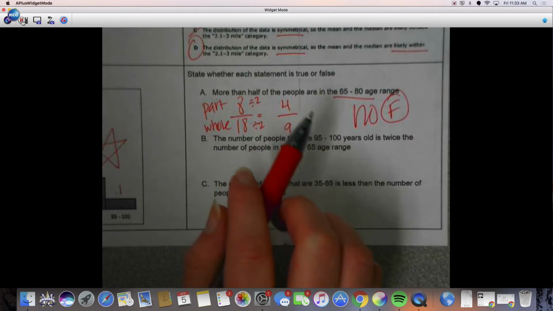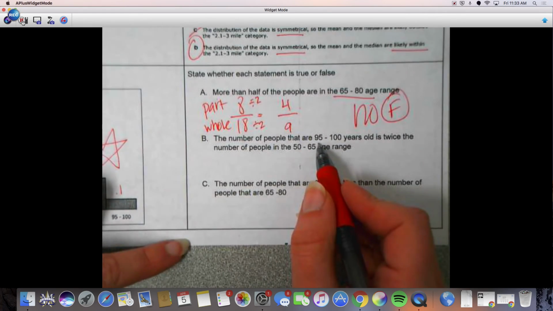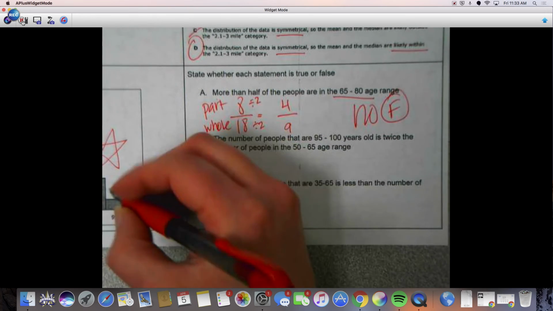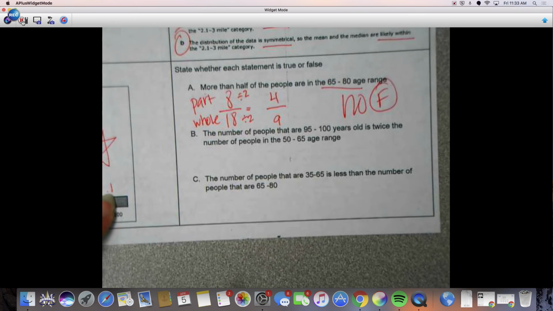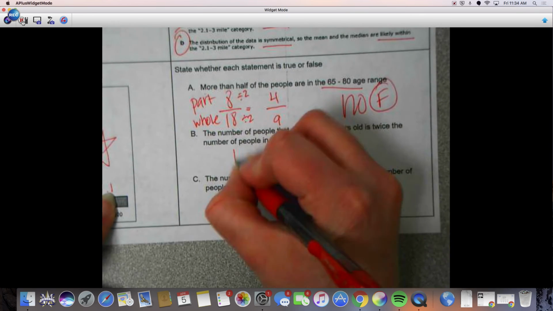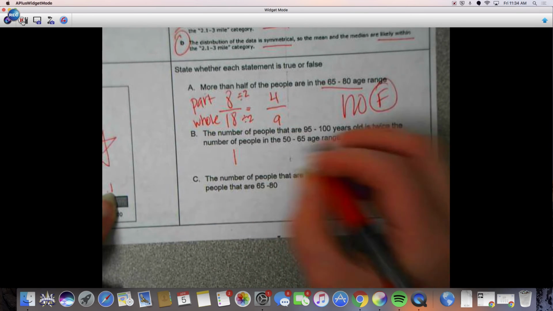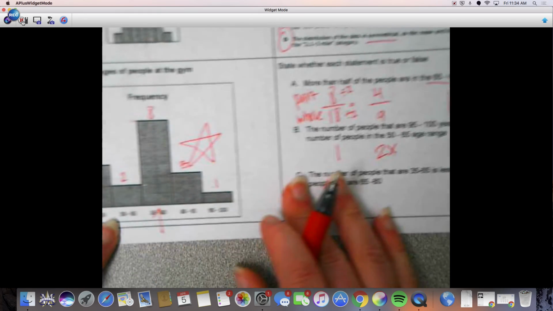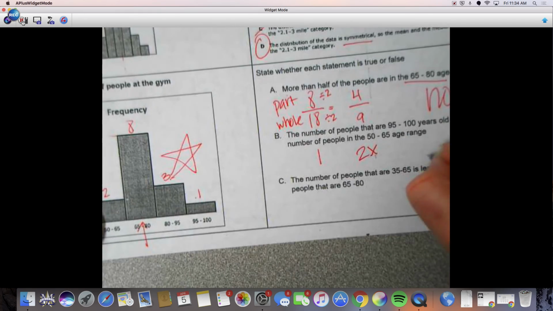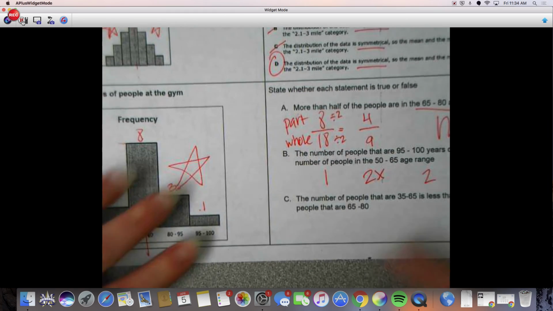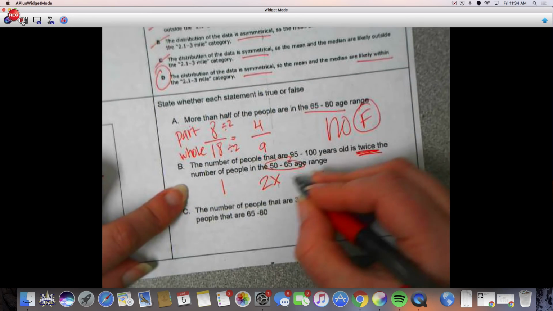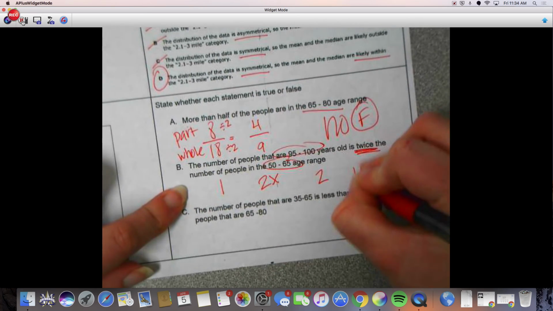Let's look at B. The number of people that are in the 95 to 100-year-old range, which is how many? 1, is twice, meaning 2 times the number of people in the 50 to 65, which is 2. Is 1 2 times a 2? No. No, that's opposite. This age range would be twice of this one. So that's also false.